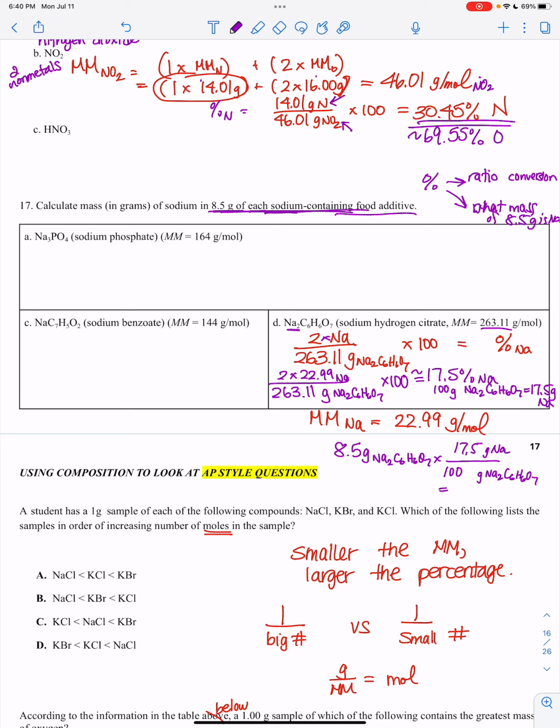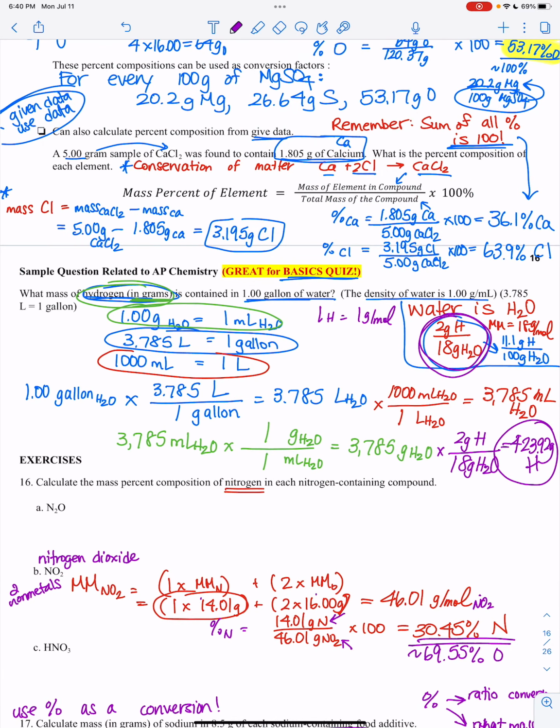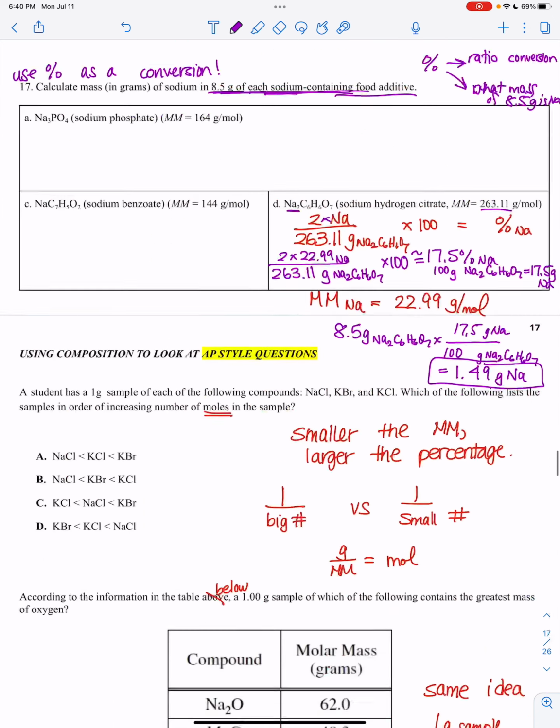I could do this math. 8.5 times 17.5 divided by 100. That means I'll have 1.49 grams of sodium in the 8.5 grams. This is where you're going to use the percentage as a conversion factor. And that's what I did up in the previous page here, right here. That's why I showed that work there.